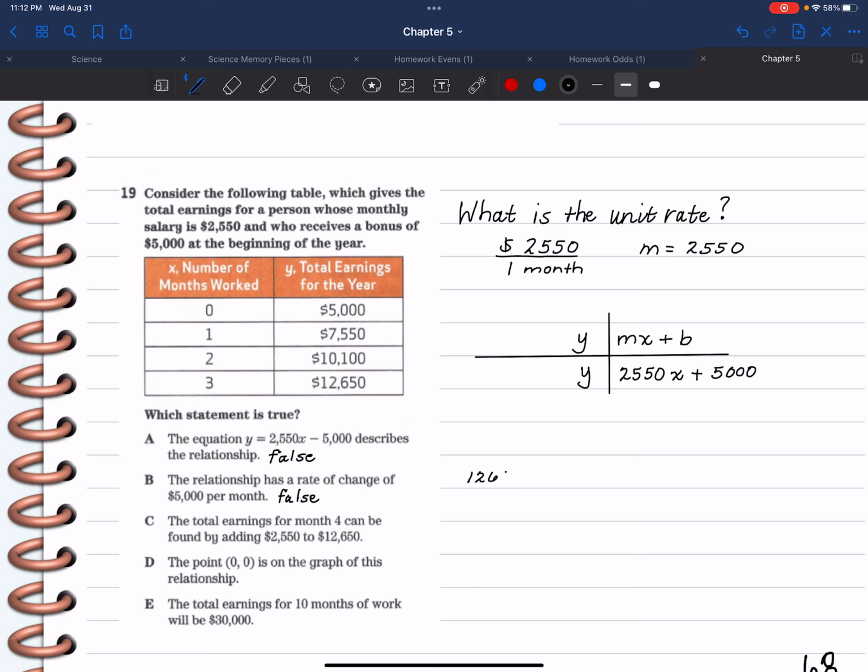When I take 12,650 and I add 25.50, I'm going to get, for 4 months, 15,200. So let's put that through our equation and see if that turns out to be true.